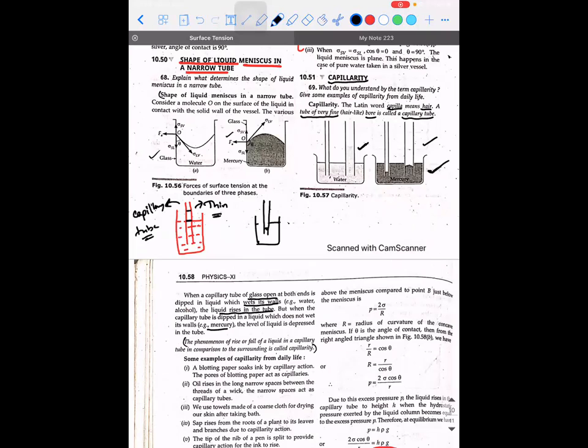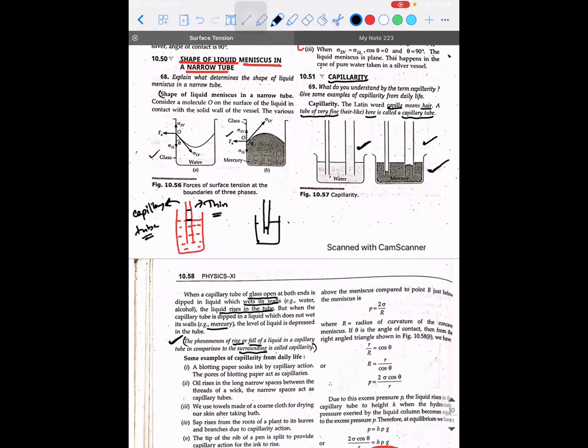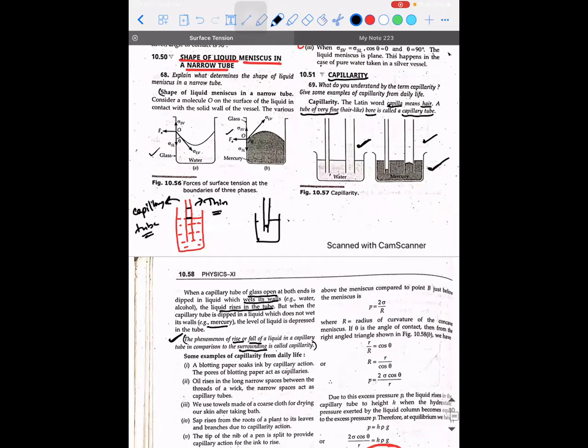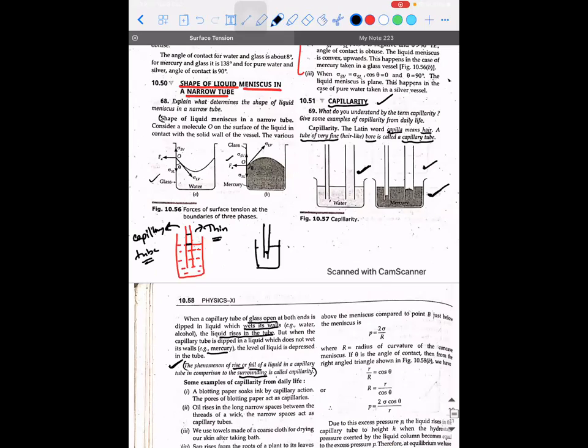So the phenomenon that you're able to observe here, you're able to see the rise and the fall, right? The phenomenon of rise or fall of a liquid in a capillary tube in comparison to its surrounding is called capillarity. This is the phenomenon. The phenomenon is called as capillarity. That's what the topic is. Are you clear till this point? I've just explained what is the phenomenon.